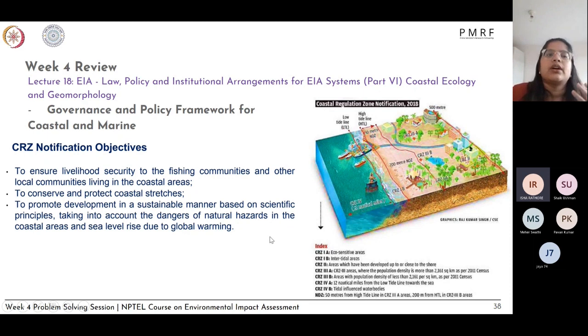So these are just to ensure that a sustainable form of coastal development happens. And this falls under the Ministry of Forest and Environment and Climate Change purview. So it's the MOFCC, which maintains these coastal regulation zones.